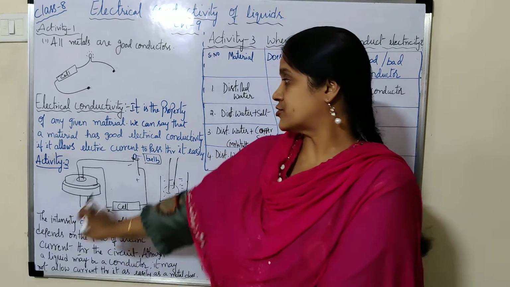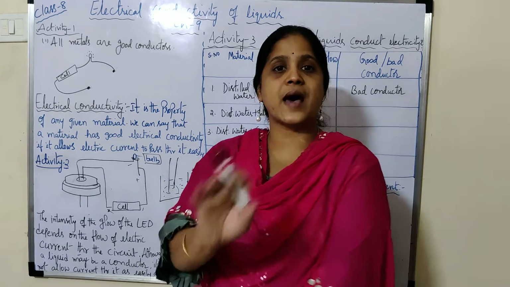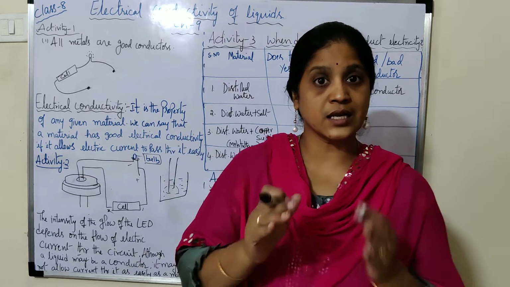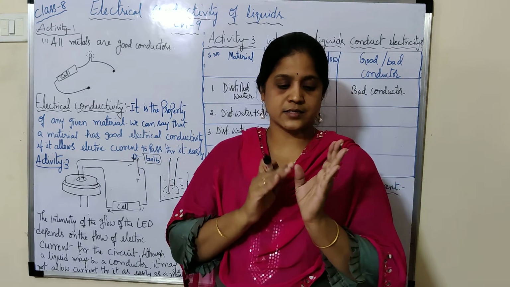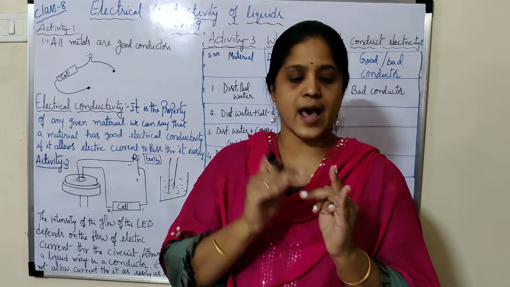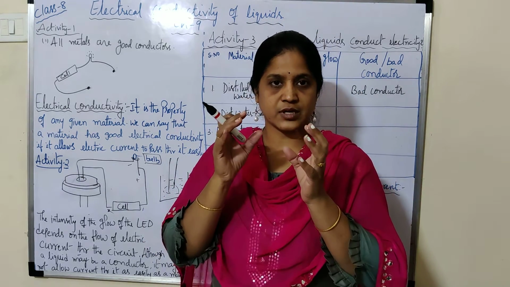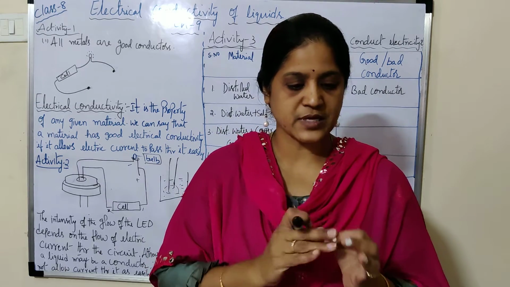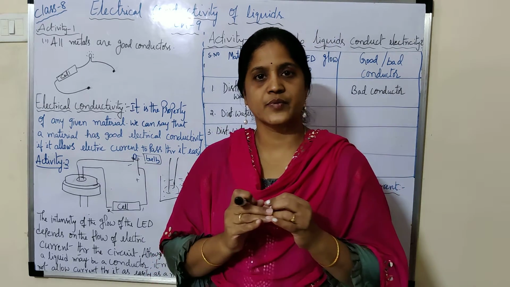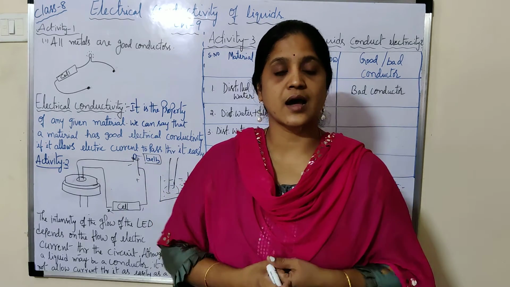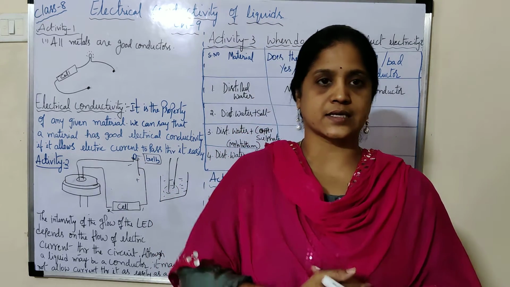See, in activity 2, distilled water is a bad conductor. Why? Because to conduct electricity, the liquid should contain salts, minerals, acids, or bases. If that liquid contains acids, bases, salts, or minerals, any substances dissolved in it, then it conducts electricity.